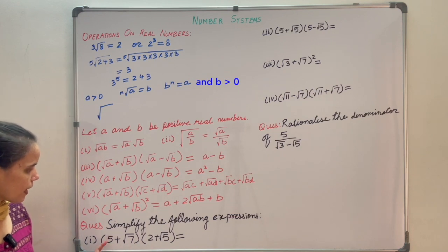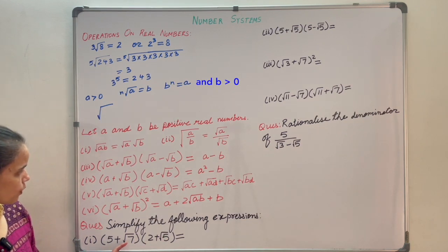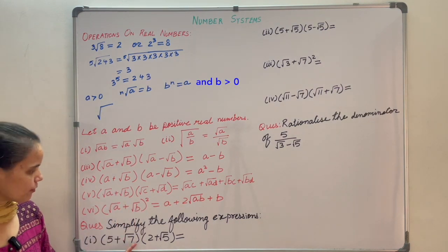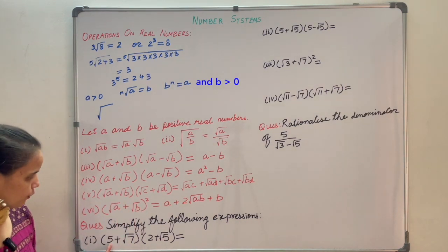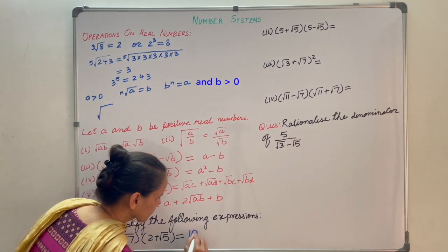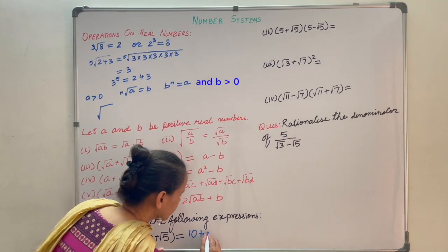Here inside the brackets you have 5 plus root 7, which is multiplied to 2 plus root 5. You are going to use the distributive property here. So 5 into 2 gives you 10, then plus 5 into root 5, you will get 5 root 5.